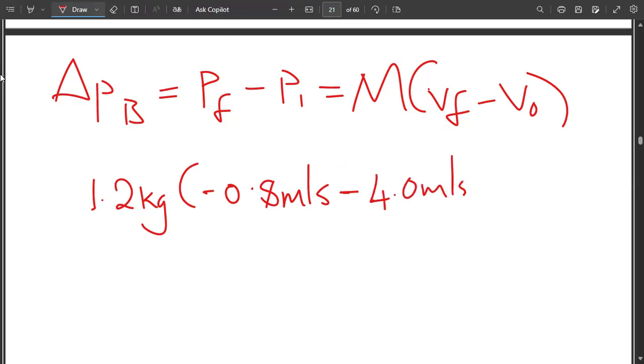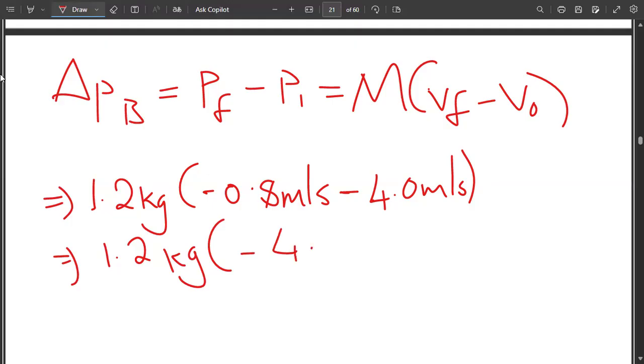So this is 1.2 kilograms, then in brackets, negative 0.8 minus 4.0. We get negative 4.8 meters per second as the change in velocity.